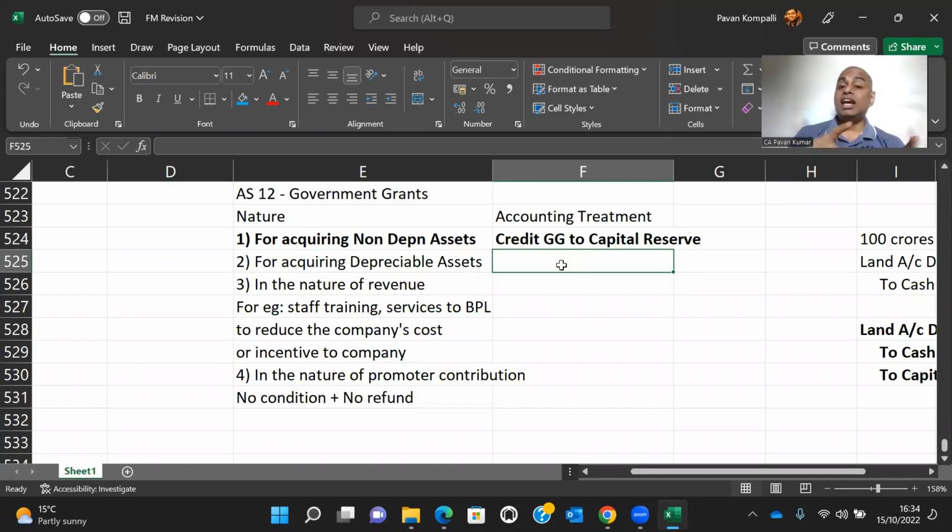What are they? Income approach, capital approach. One, capital approach. 2, income approach.